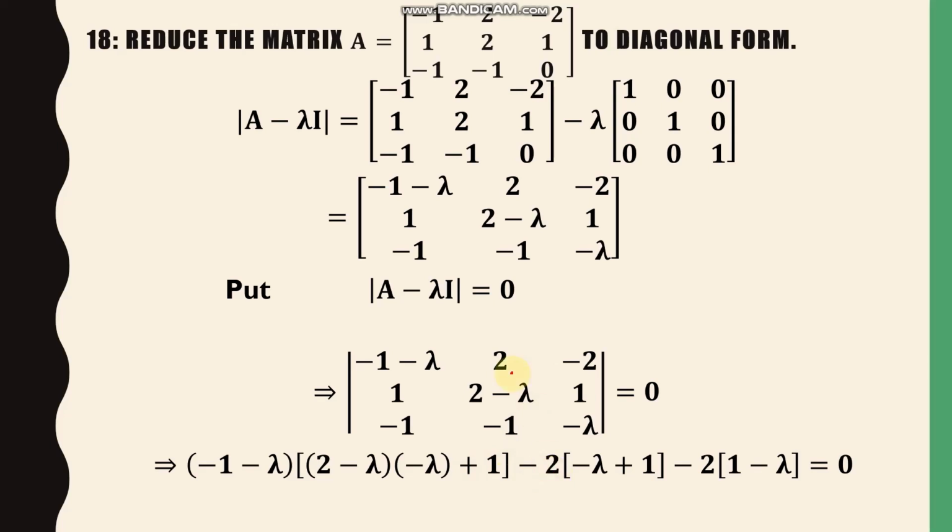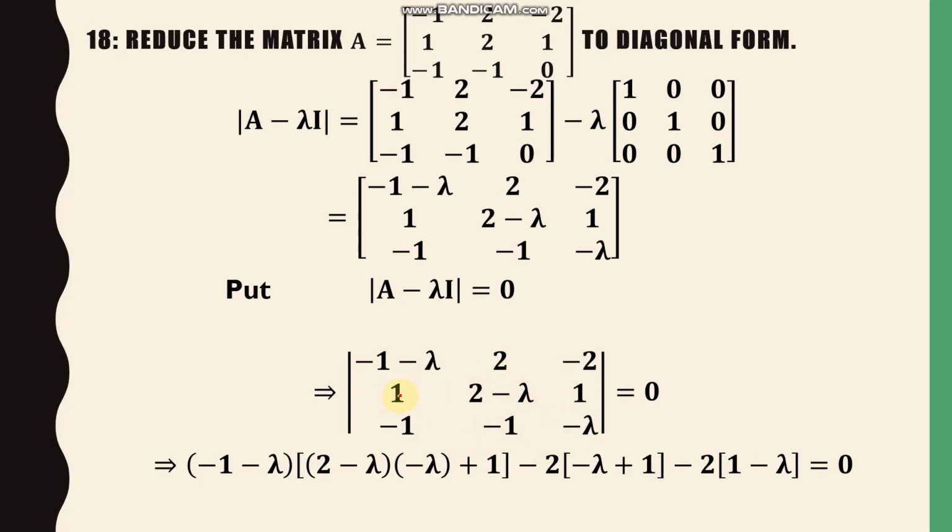Then minus 2 for -2: remove its row and column, so we get minus lambda minus of -1, which becomes +1. Then minus 2 for -2: remove this and write the determinant of this one.